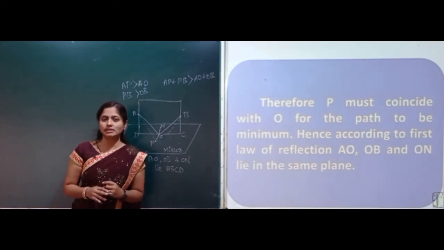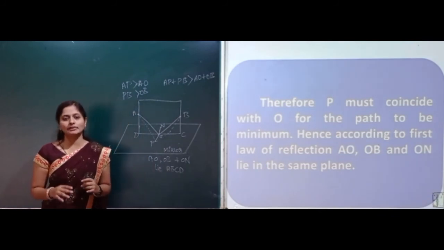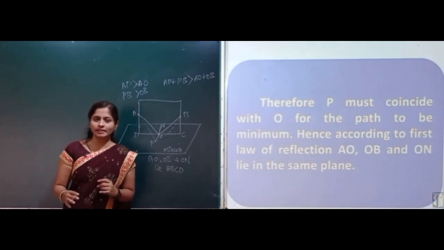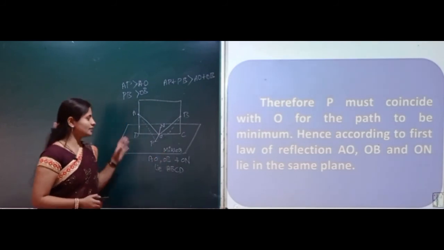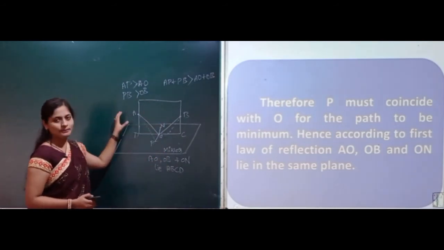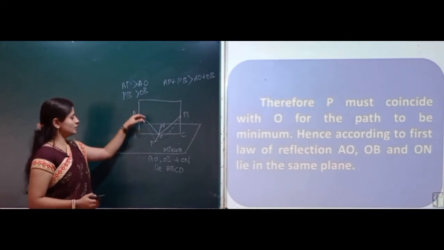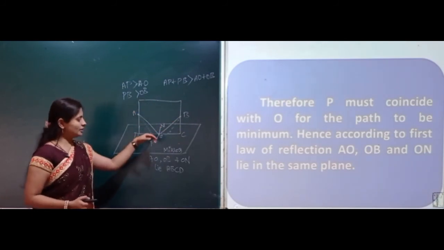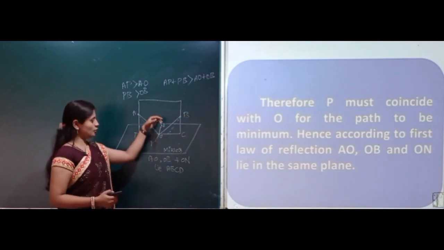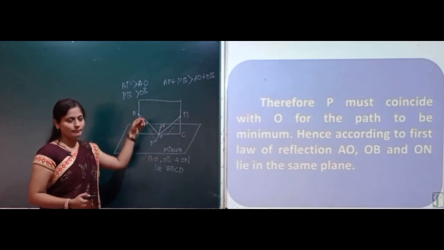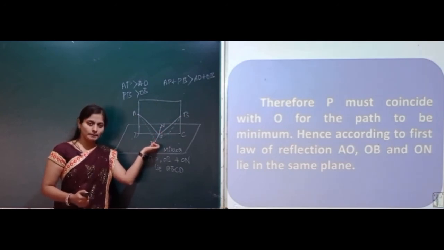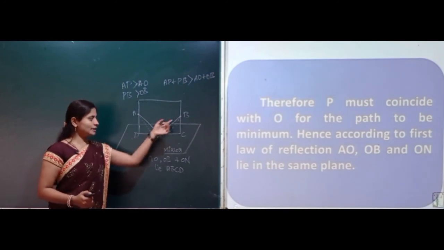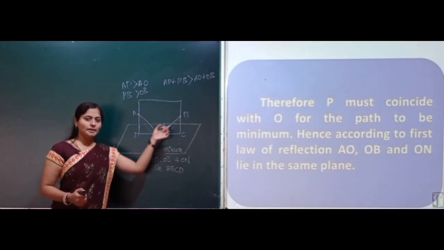In today's class we already studied Fermat's principle of stationary time, as well as the first law of reflection. In the first law we have to explain the diagram. What is AO, OB? AO is the incident ray, OB the reflected ray, and the normal, which lie in the same plane. If suppose it is reflected on this side, we have to take a point P and connect AP as well as PB.